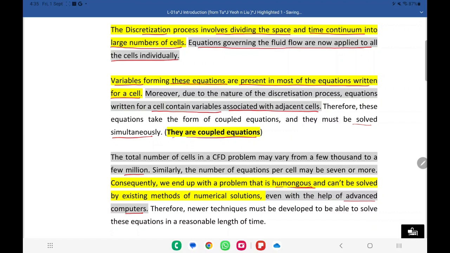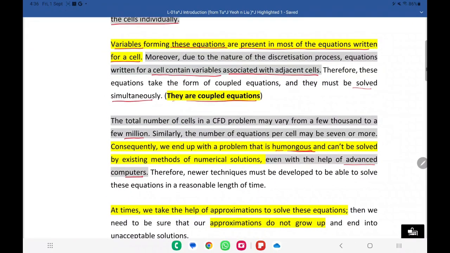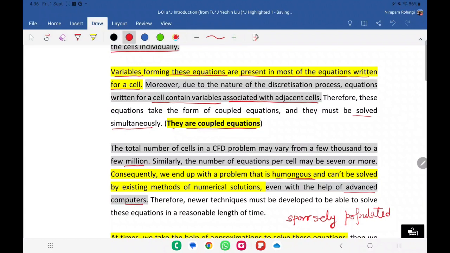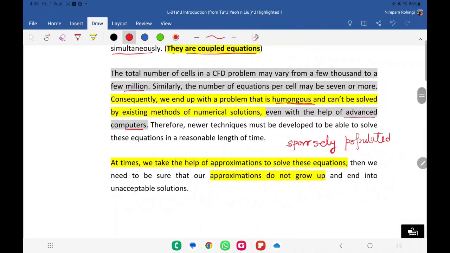But fortunately, they are a special type of equations. These equations are called sparsely populated equations. What does that mean?